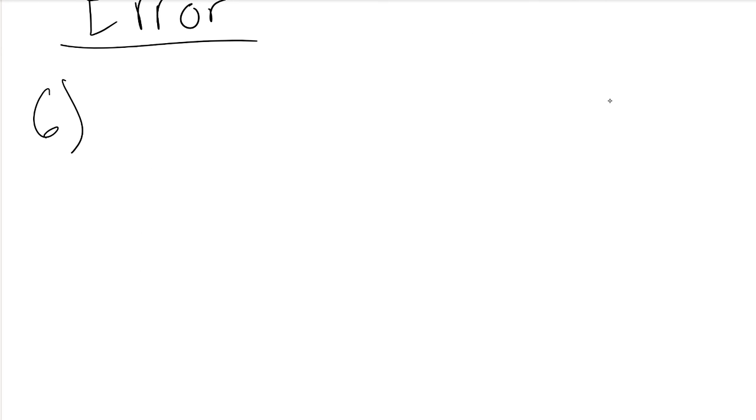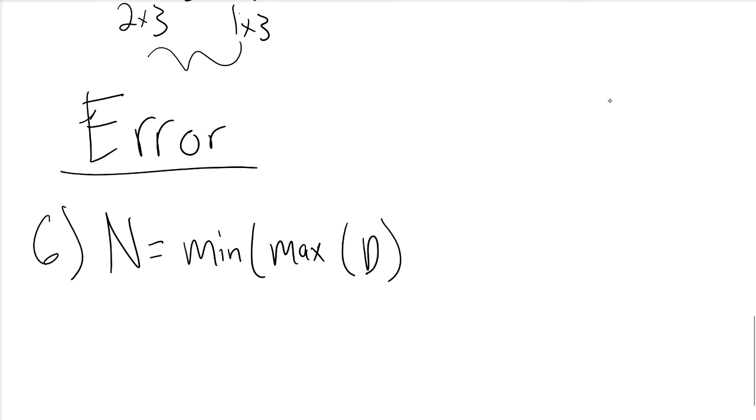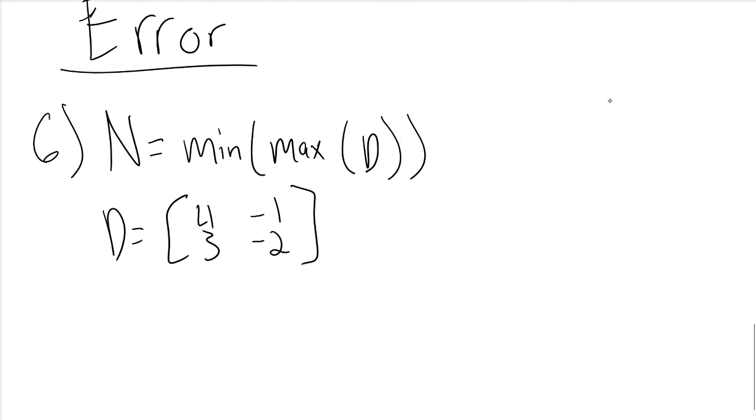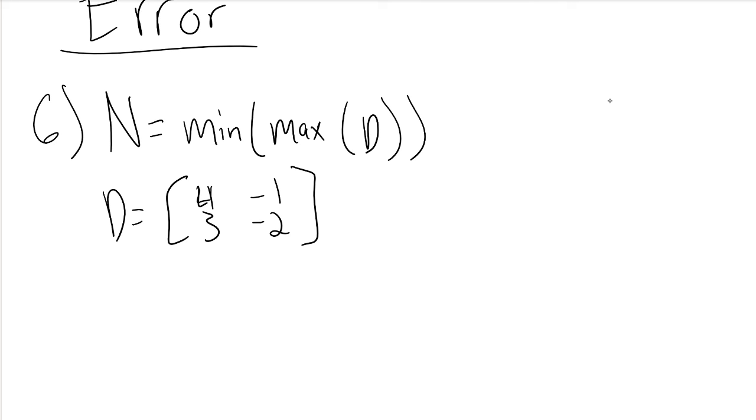All right, number 6. So we're going to have n is equal to the minimum of the maximum of our D matrix. So our D matrix, as we mentioned before, is 4, 3, -1, -2. And the max is going to give us the max of each column. So we're going to get 4 and -1.